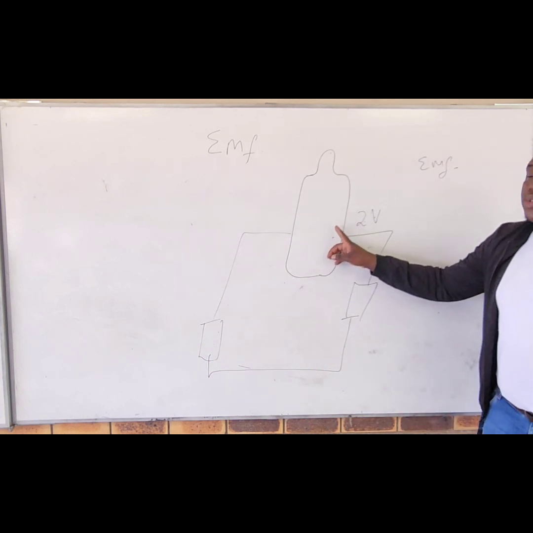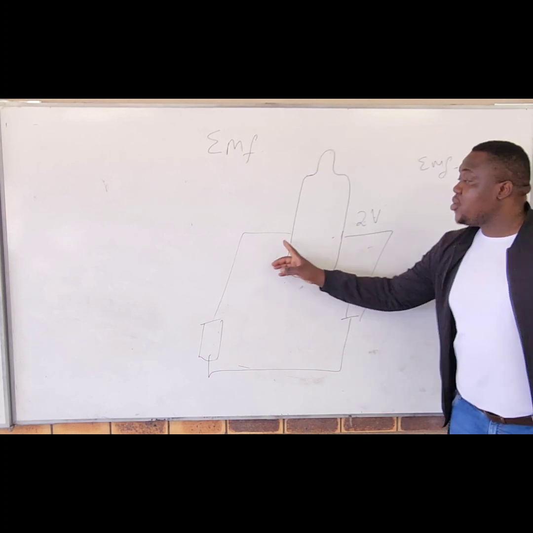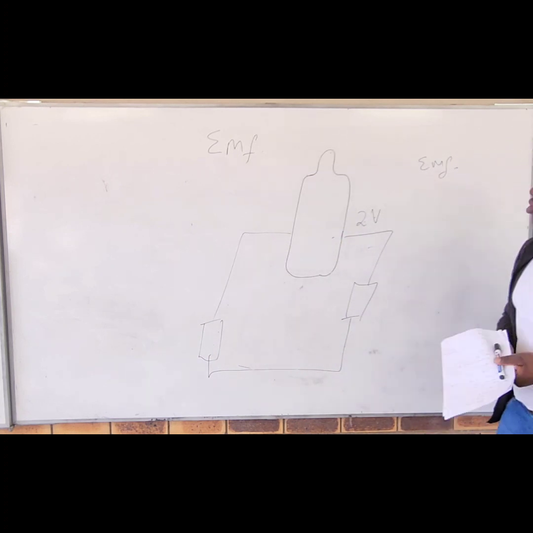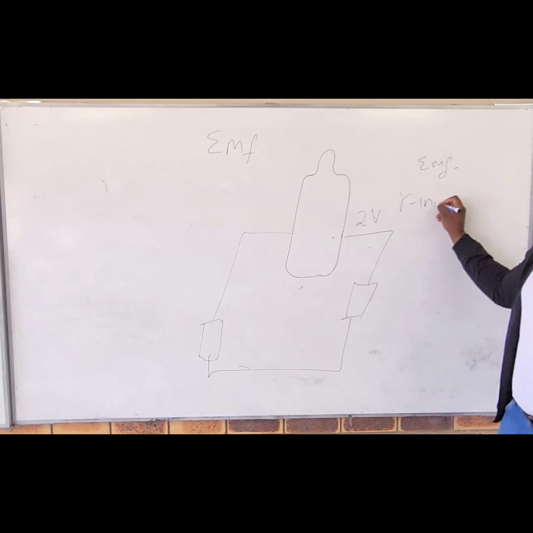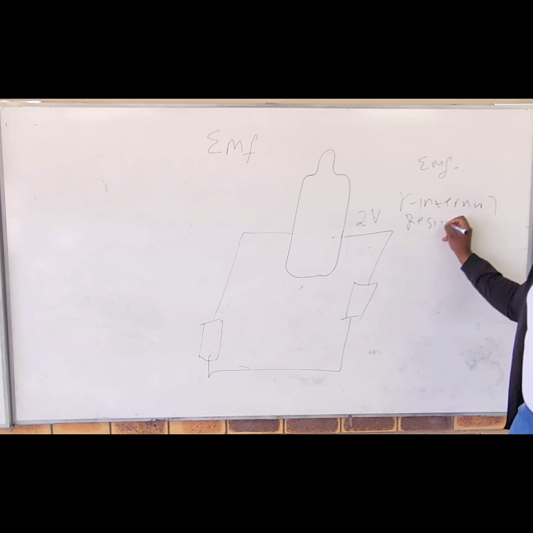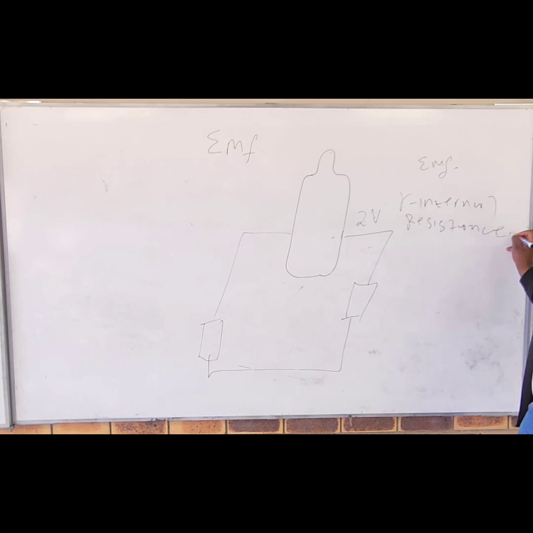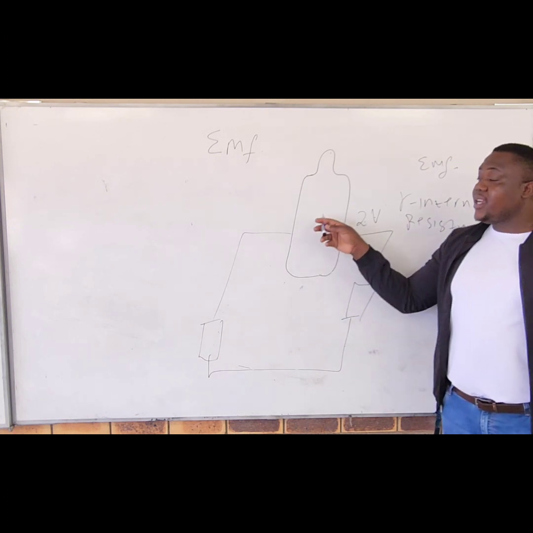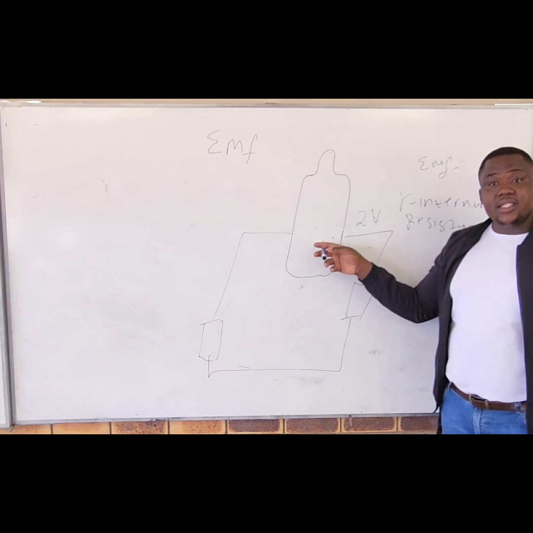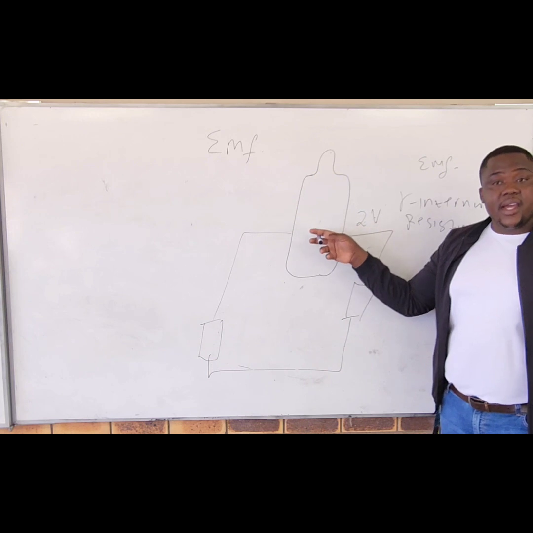The EMF is 2 volt, yes, but it does not mean that we're going to have 2 volt circulating in this circuit. Why? Because of internal resistance. I've already told you that inside the battery there is internal resistance. That internal resistance will cause some of the energy to be lost in the form of heat.